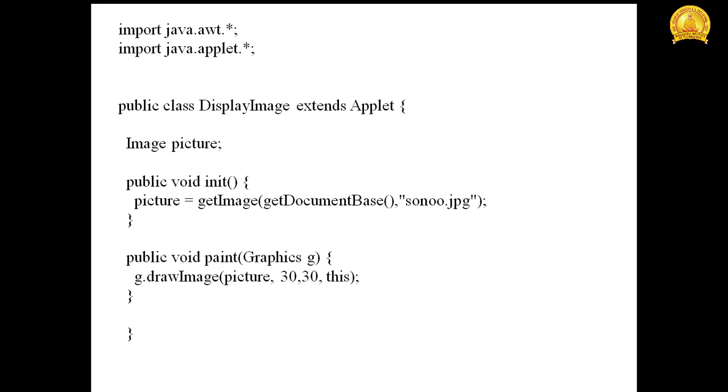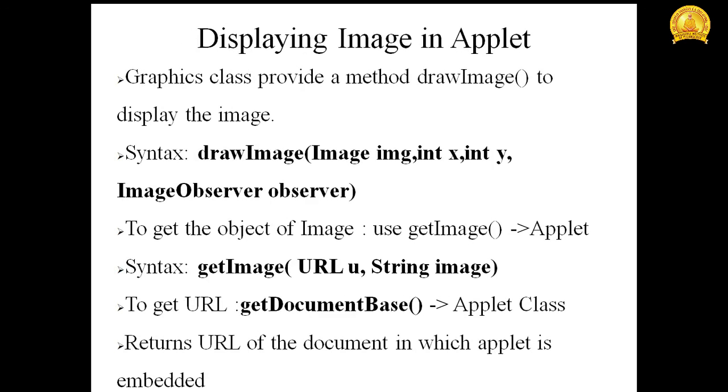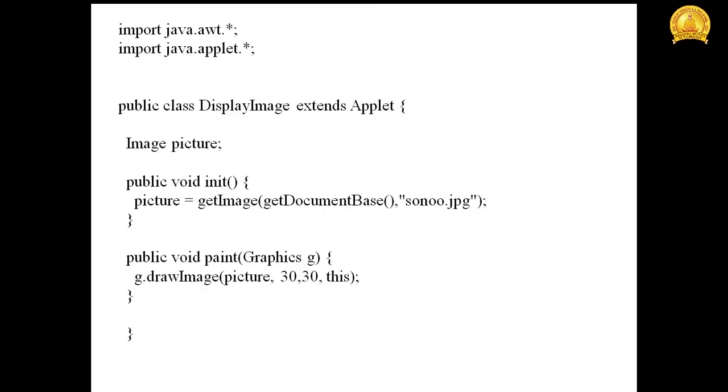So drawImage has got four parameters, as I said earlier: object of Image, the X and Y position where the image has to be displayed, and the ImageObserver. The first parameter is picture, because picture is the object of Image. The position X, Y is mentioned here as 30, 30.